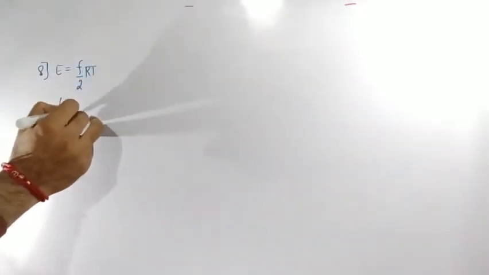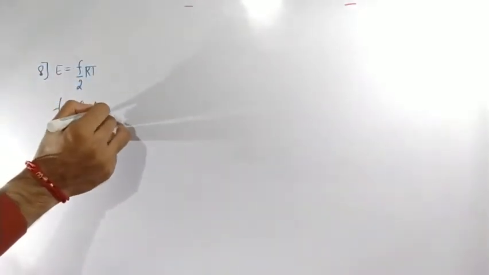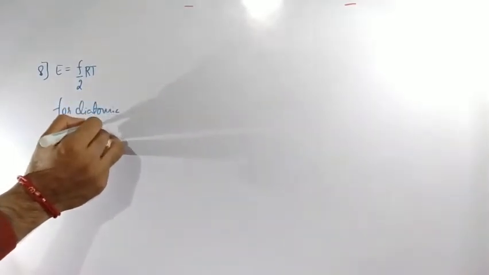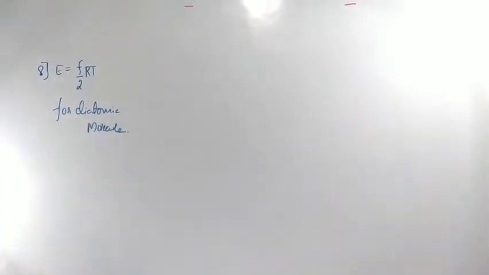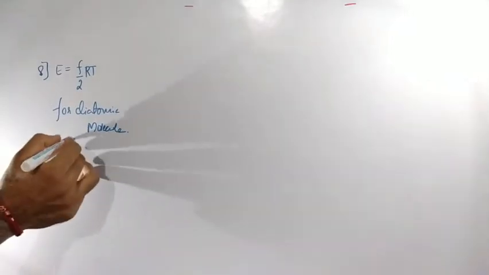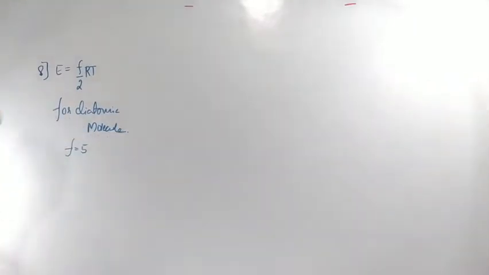Listen, we know that the energy value is nothing but f by 2 times RT. For a diatomic molecule, what is the degree of freedom value? f will be equal to 5.